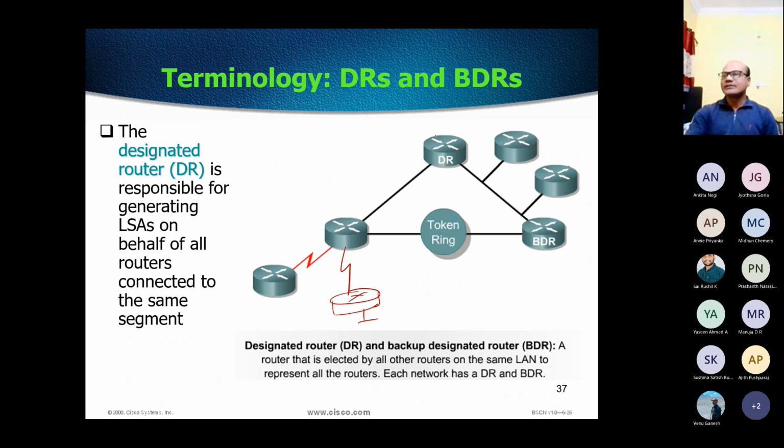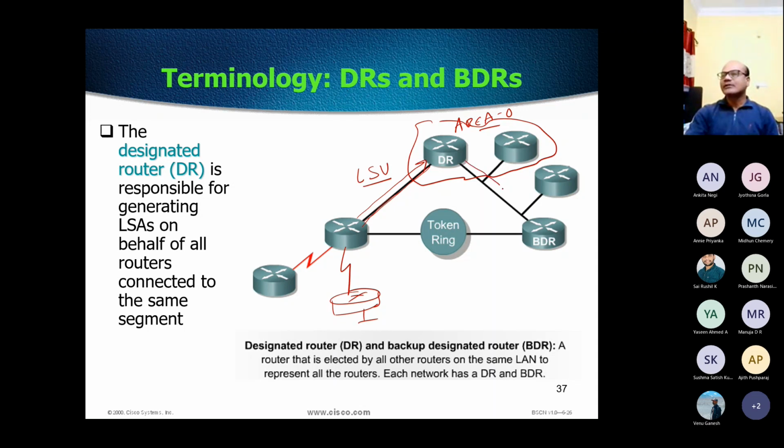Just imagine this is our area 0. If this network gives an update, it will give the update only to the DR, so it has to go via this link. This is called the LSU, link state update.